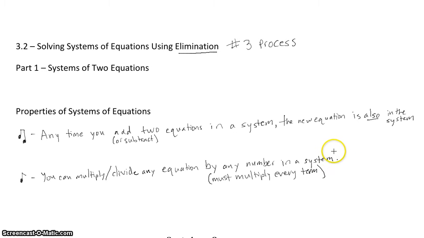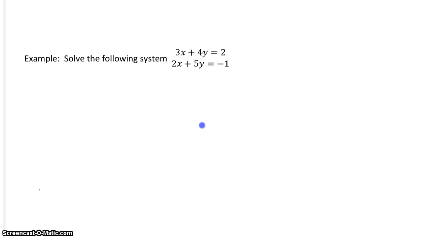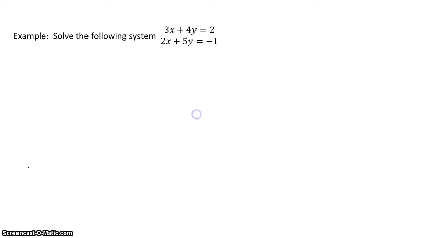So the question is, how are we going to take these 2 things and apply them to something using this process? You can see here we have this system, and we have a couple options that we could use.